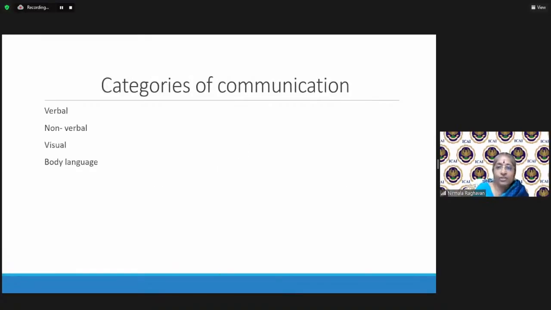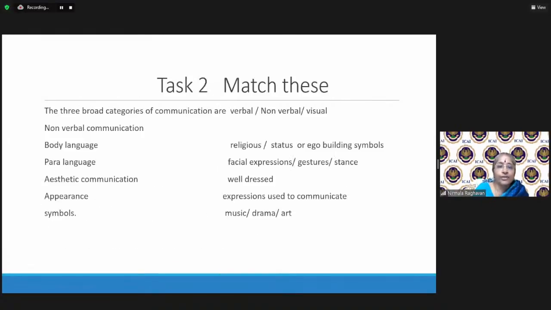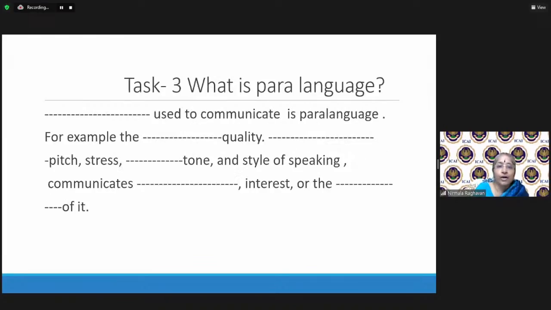That communication is about, not this one. Para language, I guess. Yeah. Expressions used to communicate without words is para language.